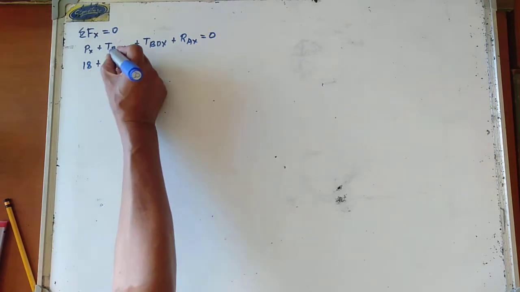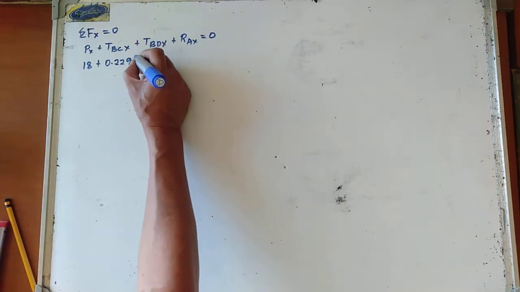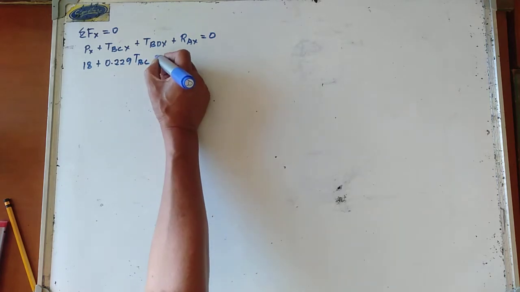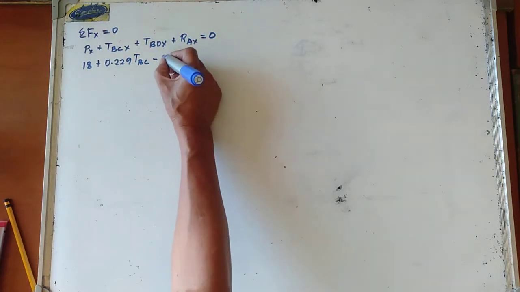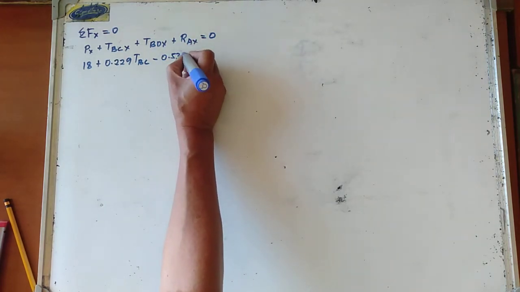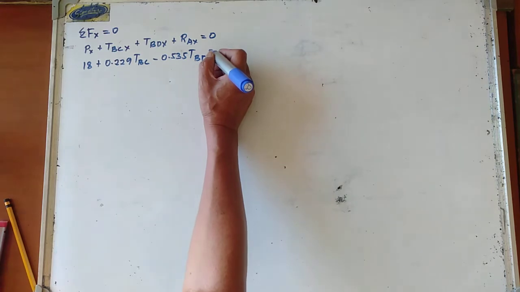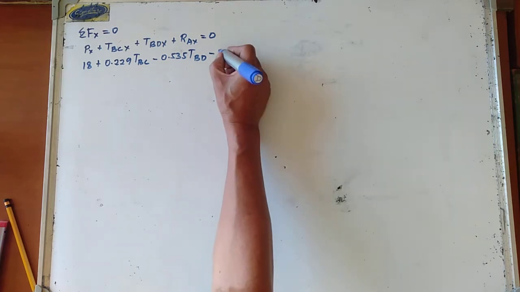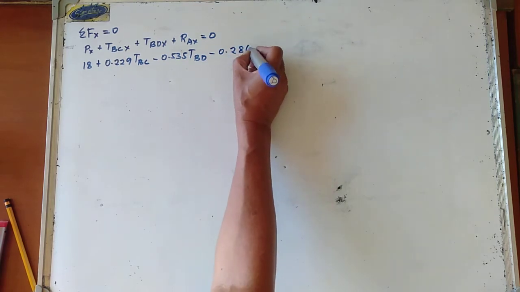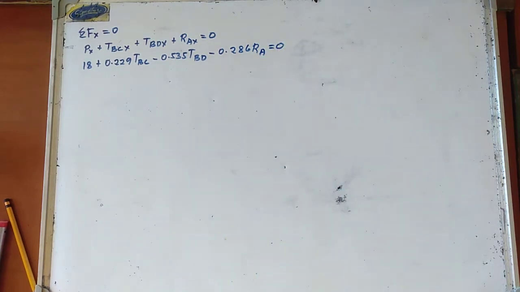And then plus 0.229 TBC minus 0.535 TBD minus 0.286 RA is equal to 0.